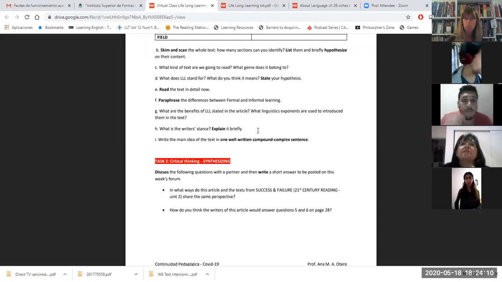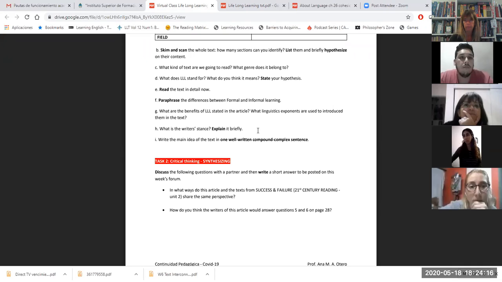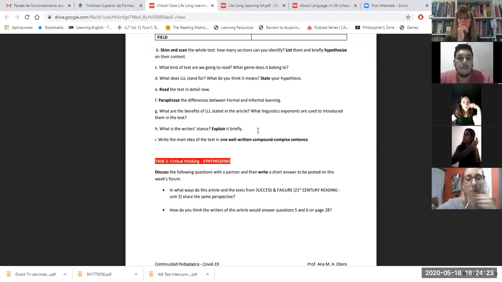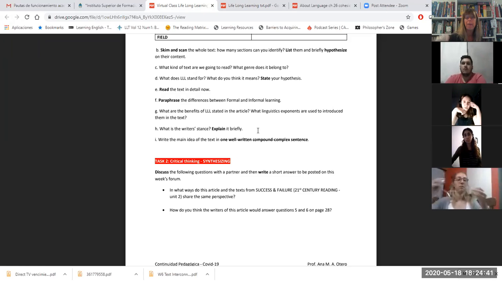What linguistic exponents tell you that they are for lifelong learning? I wrote some verbs that I found that have a positive connotation, like enhances, stimulates, empowers, and benefits. Definitely. And then the direct repetition of benefits.